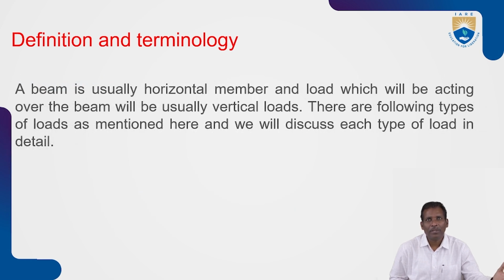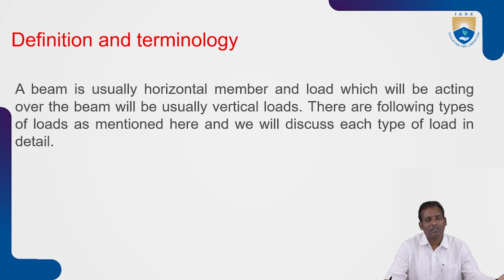So the beam is usually a horizontal member, and the load which will be acting over the beam will usually be vertical loads. There are the following types of loads as mentioned here, and we will discuss each type of load. So now the beams we have already discussed, and supports also, and then shear force and bending moment.